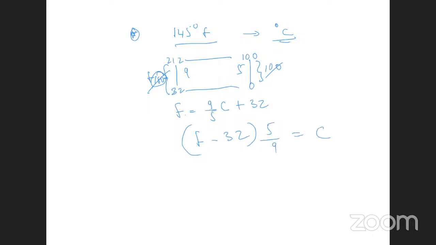So here we have 145 minus 32. What I did was I flipped this. So 5 over 9 times that, and I get 62.78. That's the answer. That's how we do it.